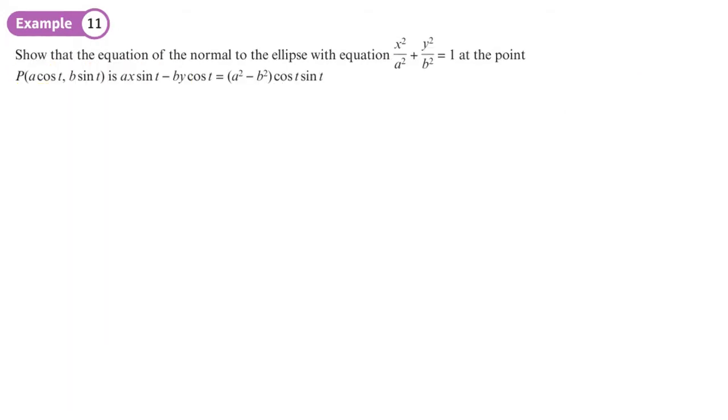Okay, so here it says show that the equation of the normal, so we mustn't forget to do our -1/m, to the ellipse with the equation here, at that point, and its equation is given by this, so this is what we want to finish with. Now, like the previous question, we could use implicit differentiation or parametric here.